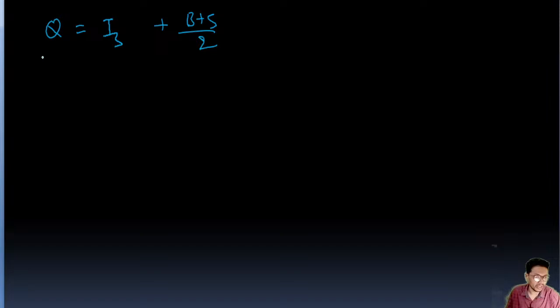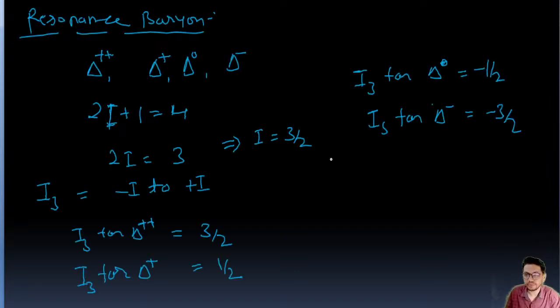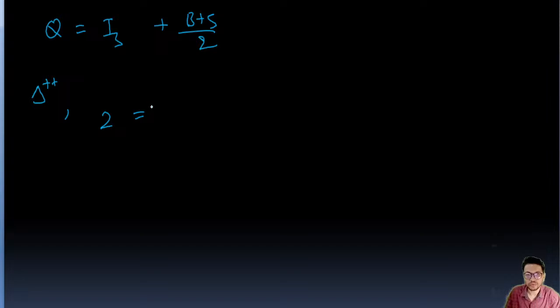For delta plus plus, Q is 2, I3 is 3 by 2, and it is a baryon, so B is 1, plus S by 2.